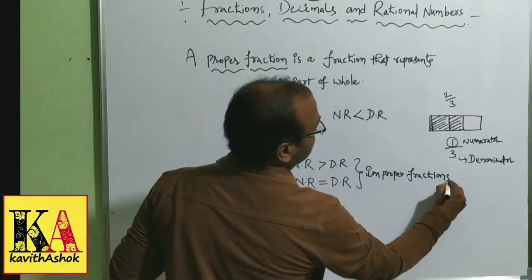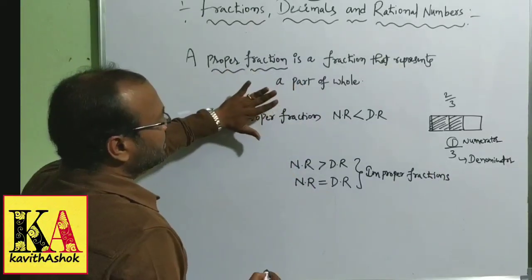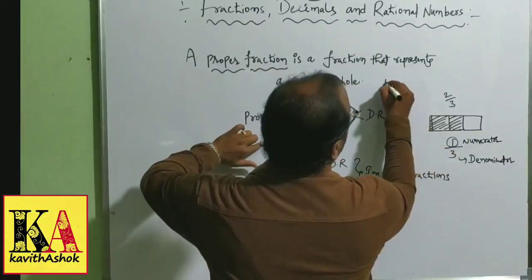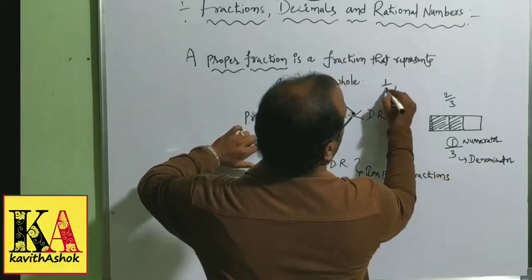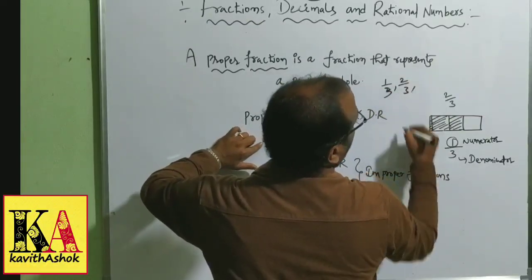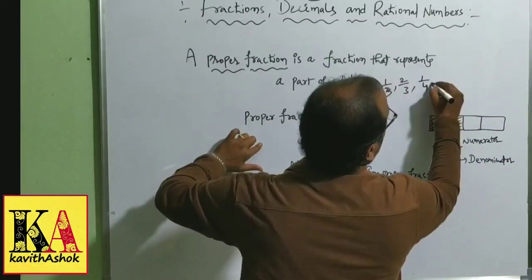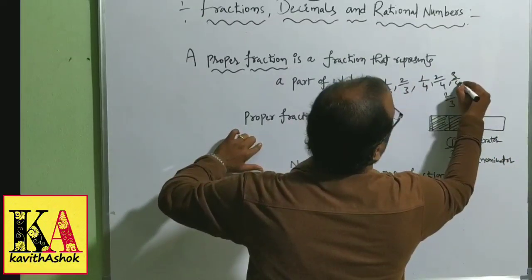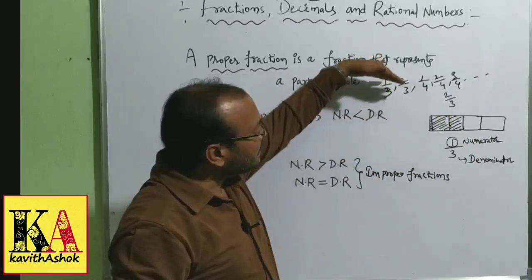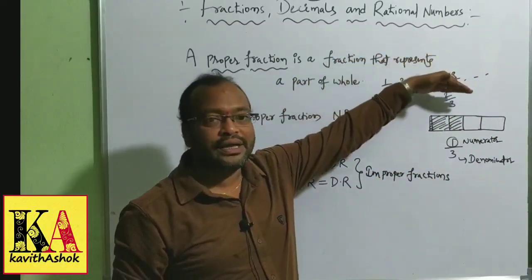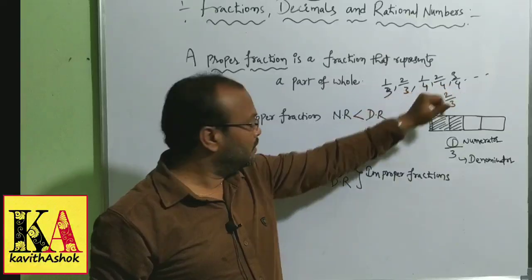For proper fractions, these are examples: 1 by 2, 1 by 3, 2 by 3. If 4 parts are there, then 1 by 4, 2 by 4, 3 by 4, and so on. In each case the numerator is less than the denominator.